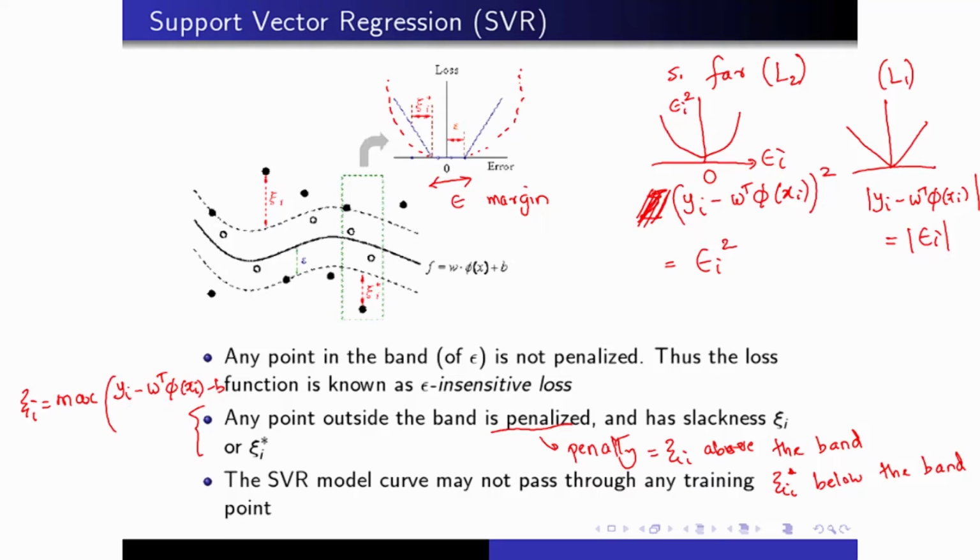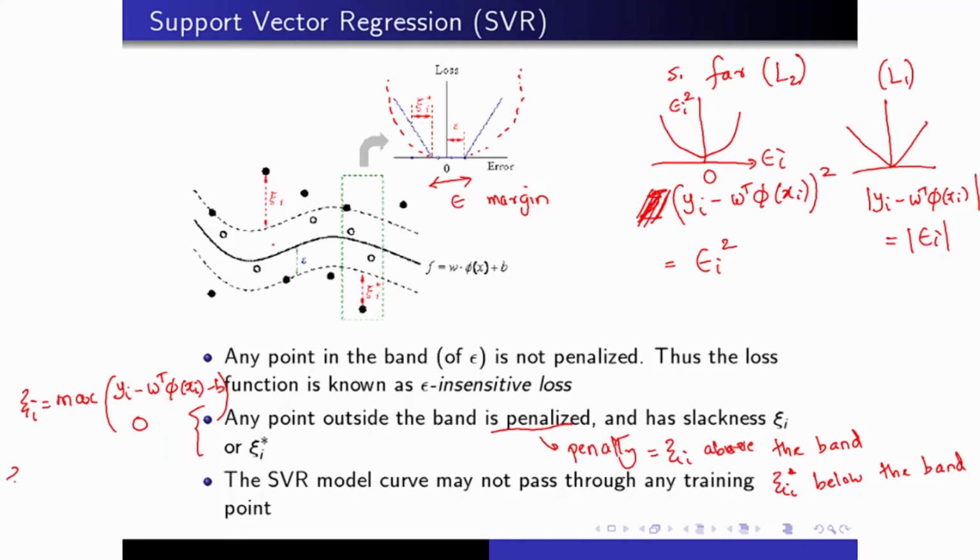But if yi lies within this band, for example this point, then xi would obviously not be negative, it will be 0. So this is the value of xi i, max of these two quantities.